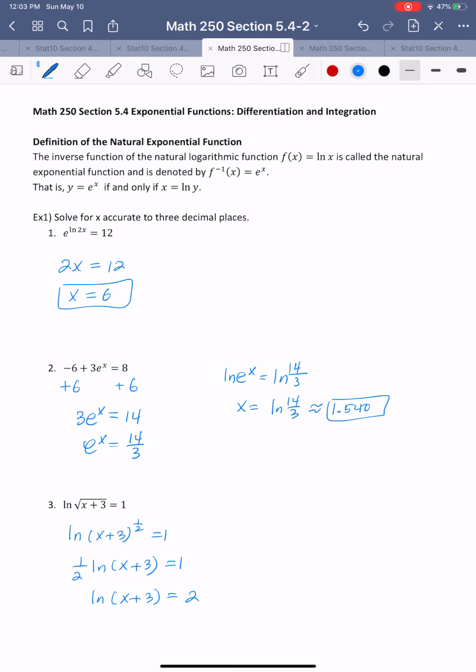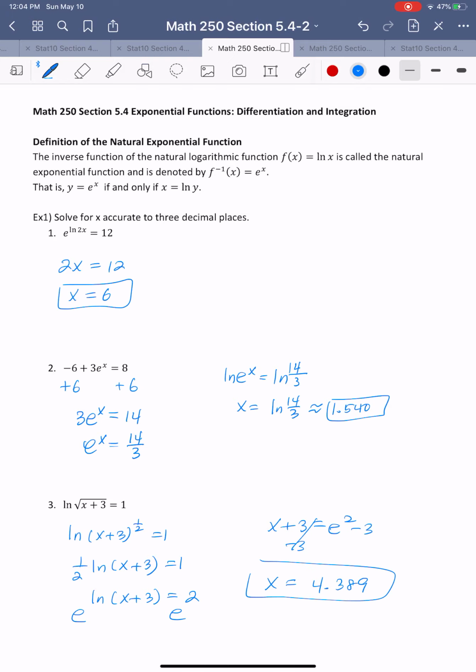And then you can raise the power with e as a base, so x plus 3 equal to e squared. Okay, so subtract 3 from both sides. You get x approximately 4.389.